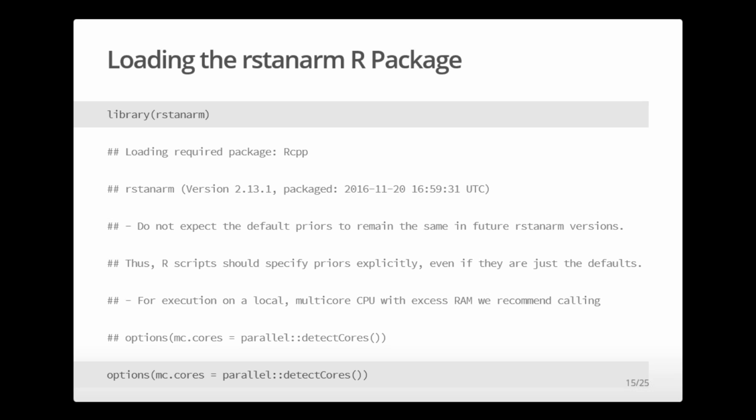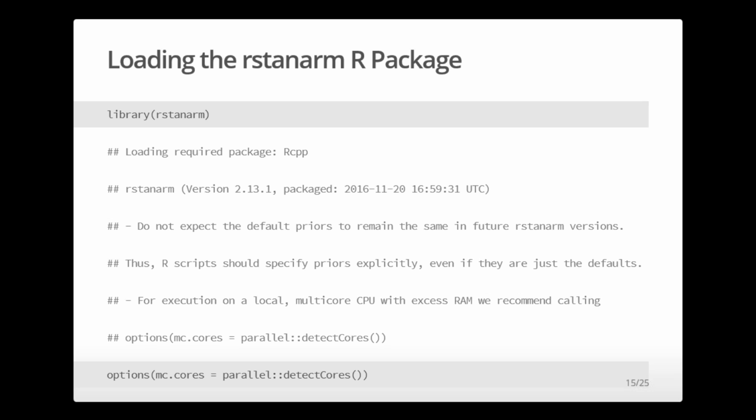However, this is a subject of active research, and we may very well change our minds as to what's the most appropriate default prior for a particular model in later versions of rstanarm. So if you're writing an R Markdown file or a script that uses rstanarm, it definitely behooves you for reproducibility to specify those priors explicitly in your script, even if you're just using the same priors that are the current defaults.